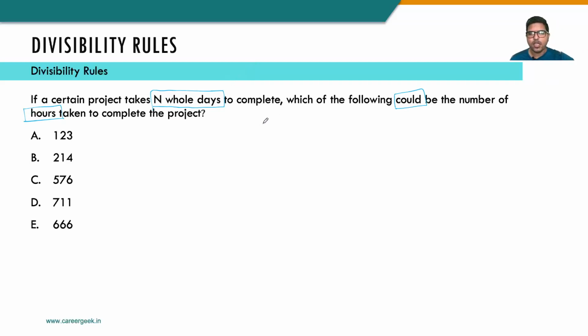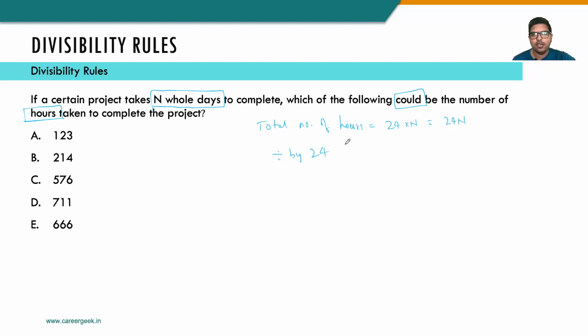So the total number of hours to complete this project would be 24 into n, right? N whole days, so 24 into n hours. That means the options have to be divisible by 24.